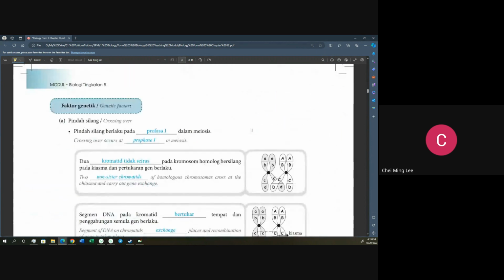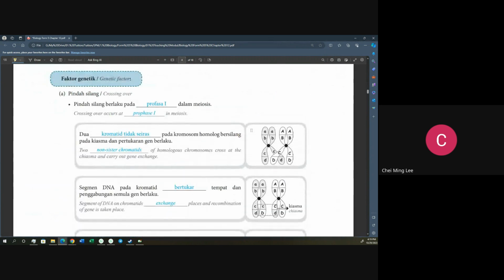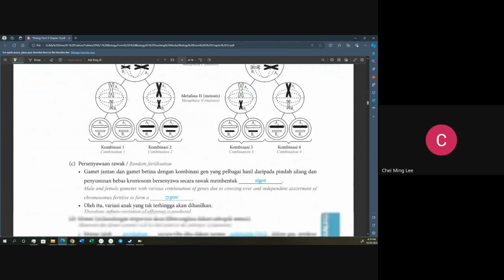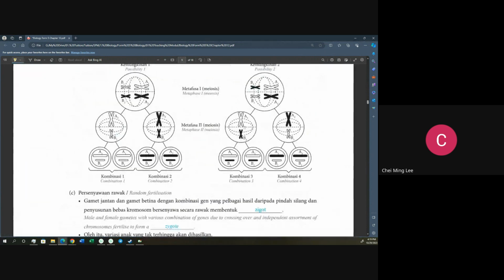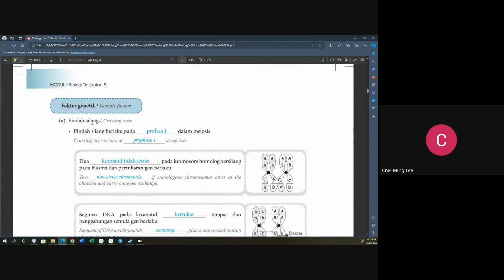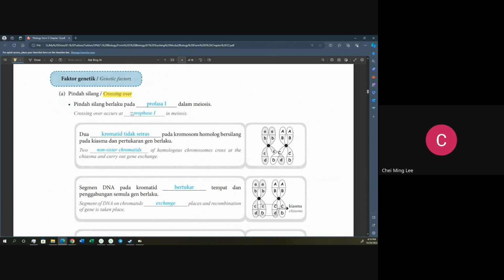Okay, so now let's see the genetic factors. We need to go through every one of them. The first genetic factor is crossing over. Crossing over occurs at prophase 1 in meiosis, where the two non-sister chromatids of homologous chromosomes cross at the chiasma and carry out genetic exchange.